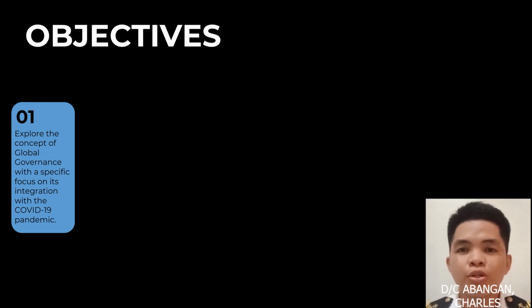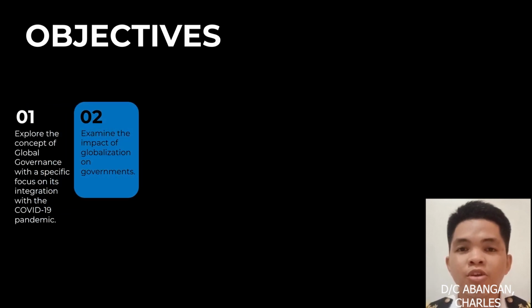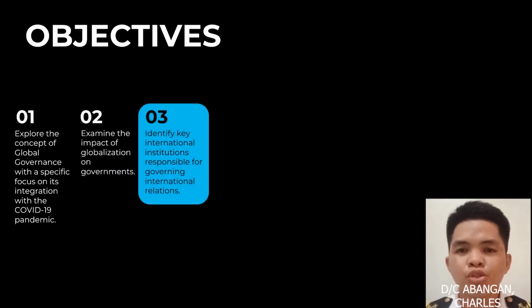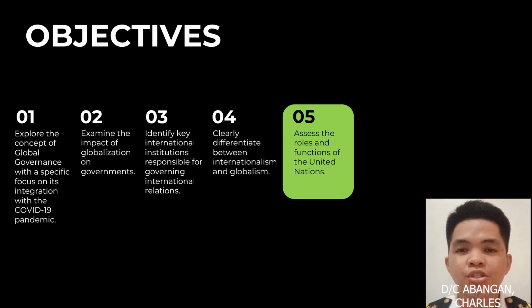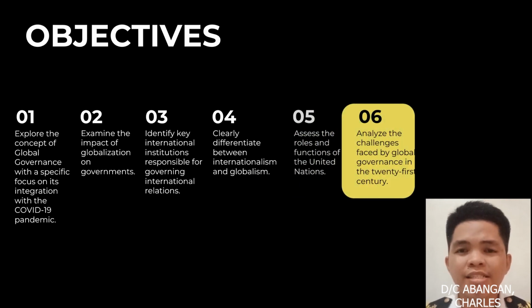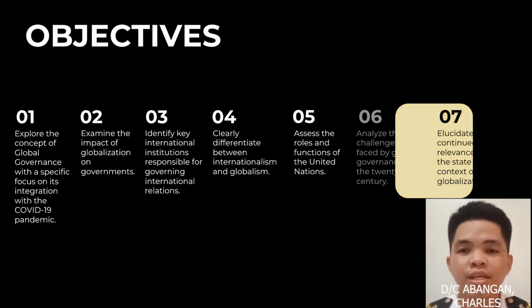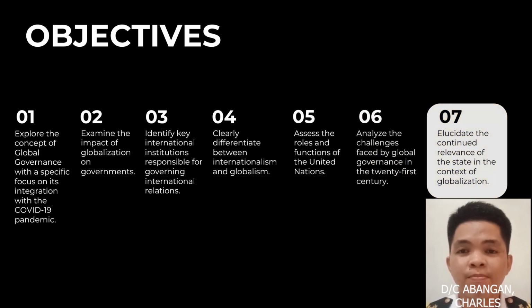This objective includes the examination of the impact of globalization on governments, the identification of key international institutions responsible for governing international relations, a clear differentiation between internationalism and globalism, an assessment of the roles and functions of the United Nations, an analysis of the challenges faced by global governance in the 21st century, and an elucidation of the continued relevance of the state in the context of globalization.